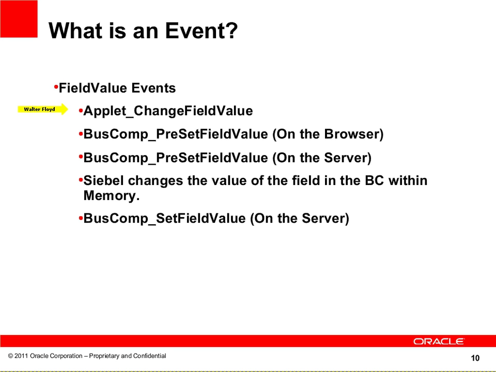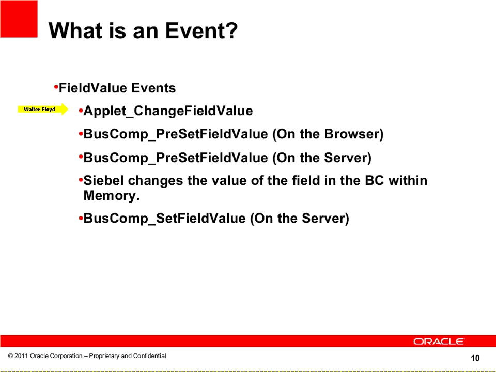If you're trying to only impact the process when they're coming through a particular applet, then you would be more likely to want to put the code in the applet itself and not at the BizComp. So where you put your code determines how wide an audience that code impacts.